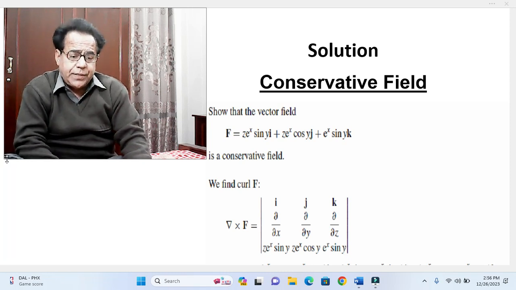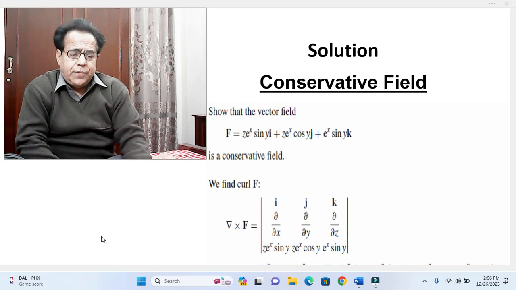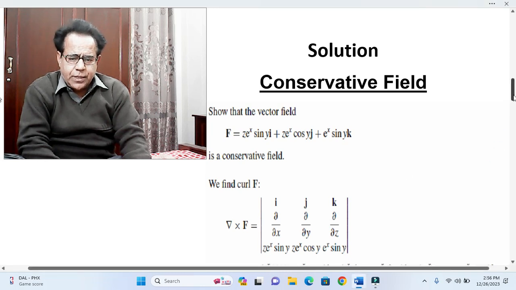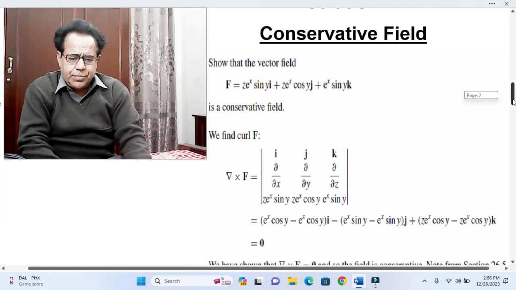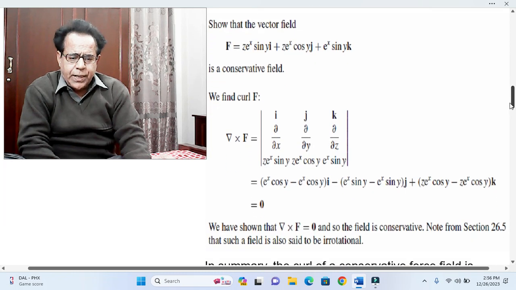Solution: show that the vector field F is a conservative field. We find curl F, and the curl becomes equal to 0, so the field is conservative.